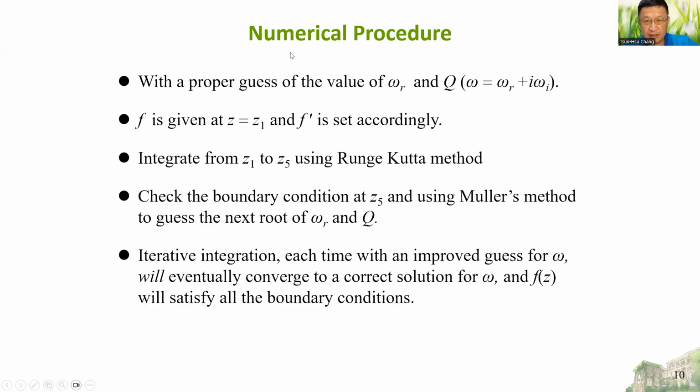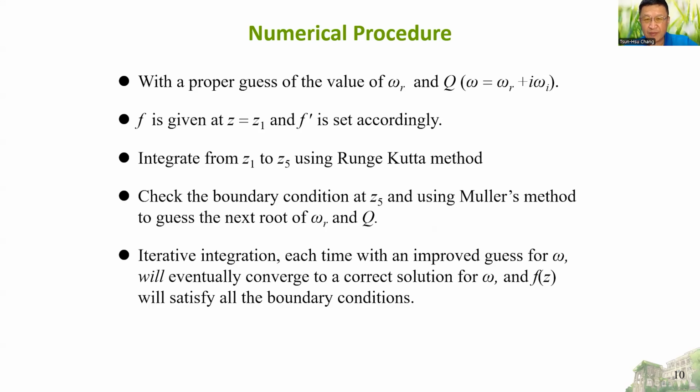Now let me show you the numerical procedure step by step. With a proper guess of the value of omega r and quality factor. Initially, we make a proper guess. What is a proper guess? You can guess widely, it doesn't matter.